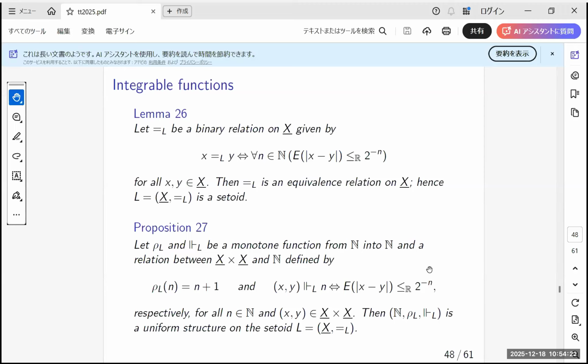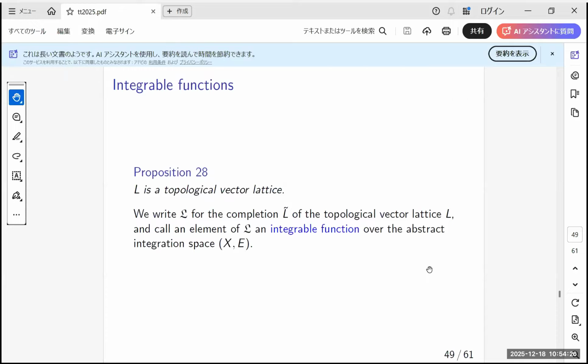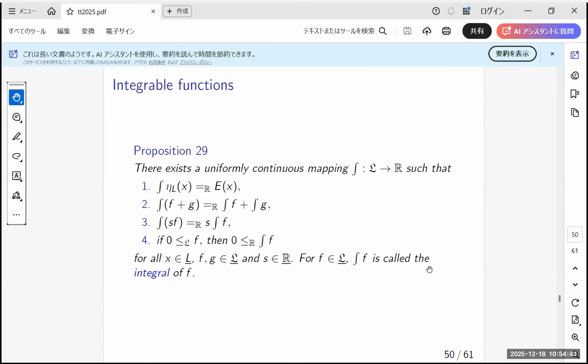And we can define a uniform structure in this way. And then L is a topological lattice, and we write L for the completion of that topological vector space and call an element of L an integrable function. And we can define the integral as usual.